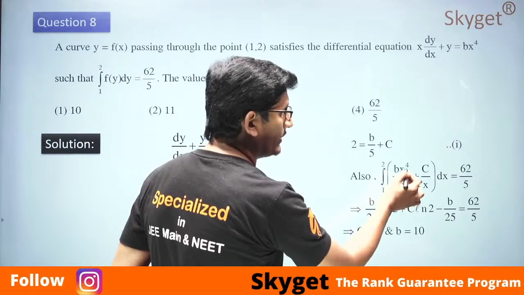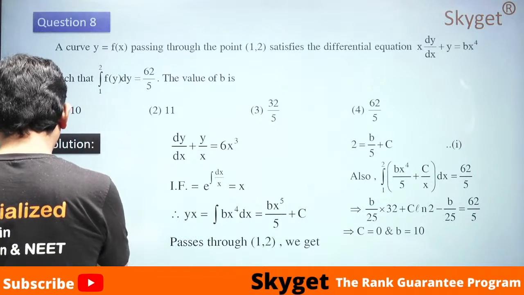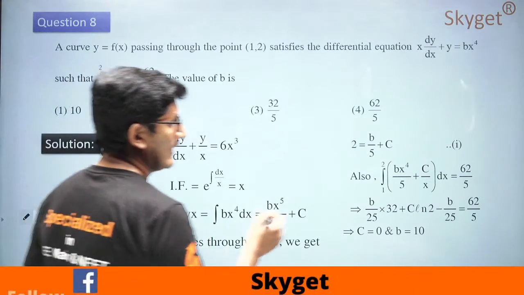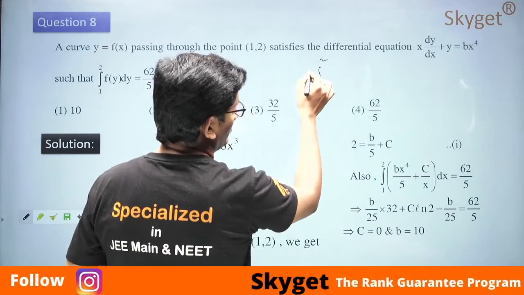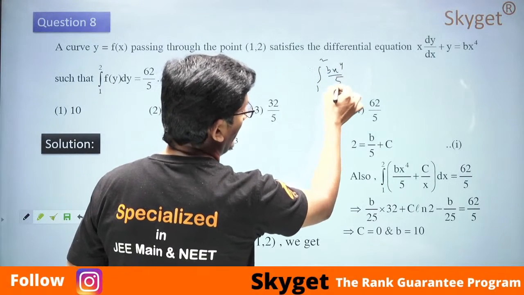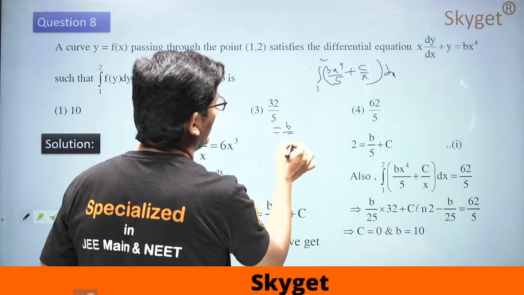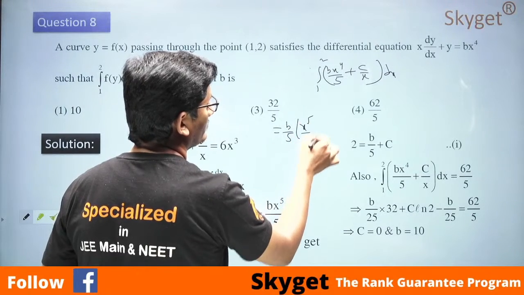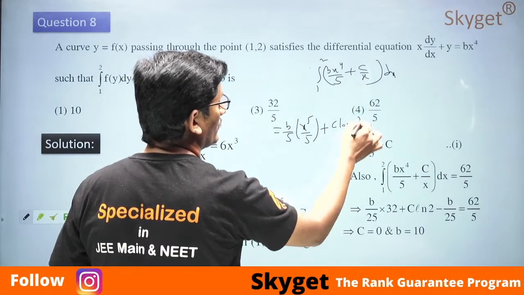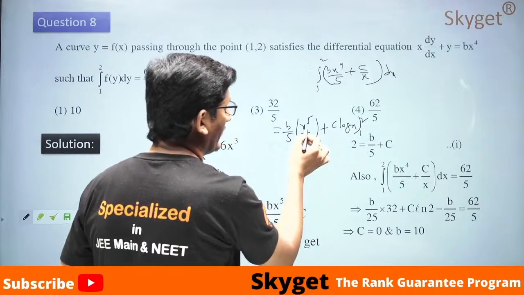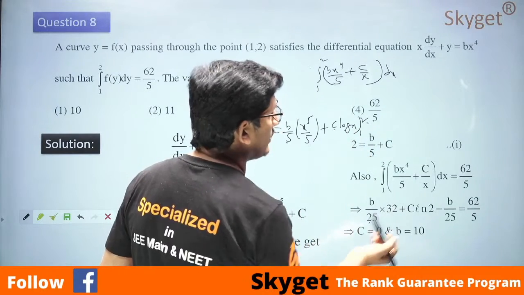Applying integration, x to the power of 4 becomes x to the power of 5 by 5, and the integral of c by x is c log x. The limits are 1 to 2. So 2 to the power of 5 is 32, b by 5 into 32 by 5 is b by 25 times 32, and c times log 2 minus log 1, where the value is 0.